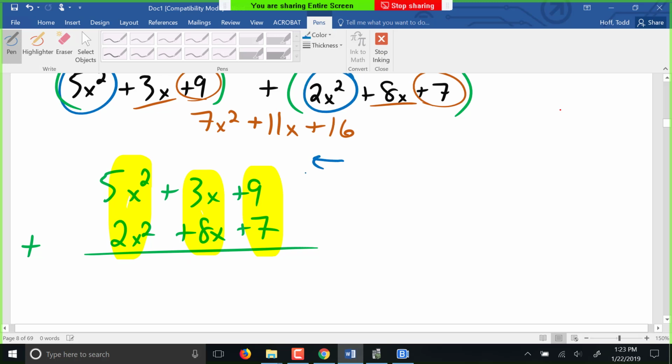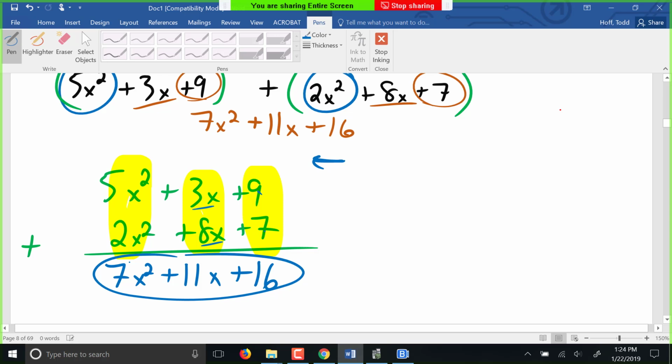We'll start on the right and work our way backwards just because that's what we're used to. 9 plus 7 is 16. It's a positive 16, so we put a plus in front of it to connect it with the other numbers. 3x plus 8x is 11x. 5x squared and 2x squared is 7x squared. So you can see there the process, it's really the same base process as adding whole numbers. We've just come up with shortcuts or abbreviations to make it a little quicker.